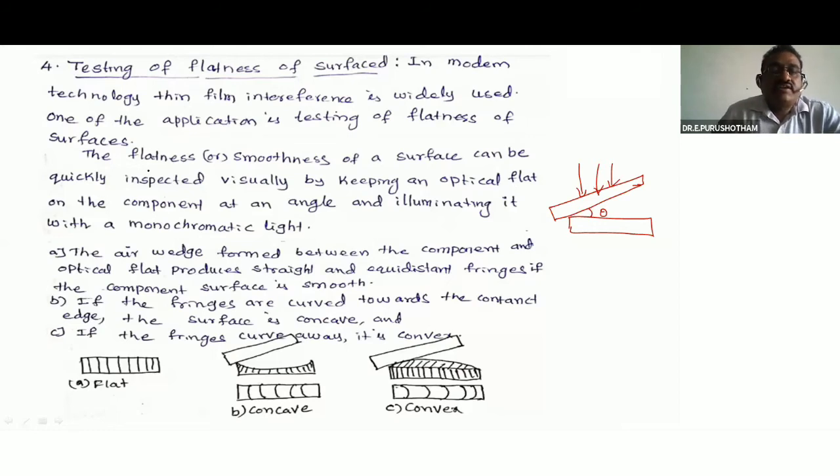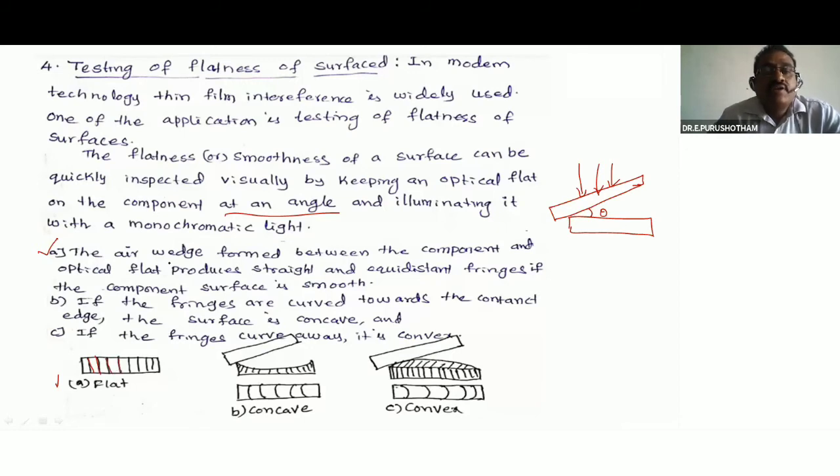You see here, the flatness or smoothness of a surface can be quickly inspected visually by keeping an optical flat on the component at an angle theta and illuminating it with a monochromatic light. Then if you are observing, A is the flat surface. These lines are flat lines with the same distance.